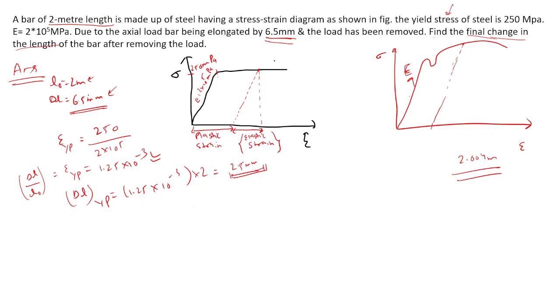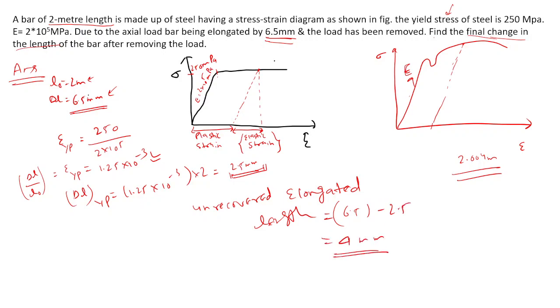So how much is the unrecovered elongated length? The initial elongation is 6.5 mm, and whatever has recovered, it would be subtracted from that, so it will become 4 mm only, right?